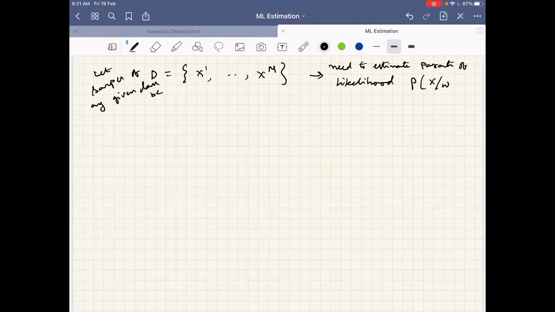I will write omega I, meaning D I, at the beginning just to make you understand, but I will drop this D I. Please try to understand: the likelihood P of X given omega I is the corresponding likelihood of the corresponding class.